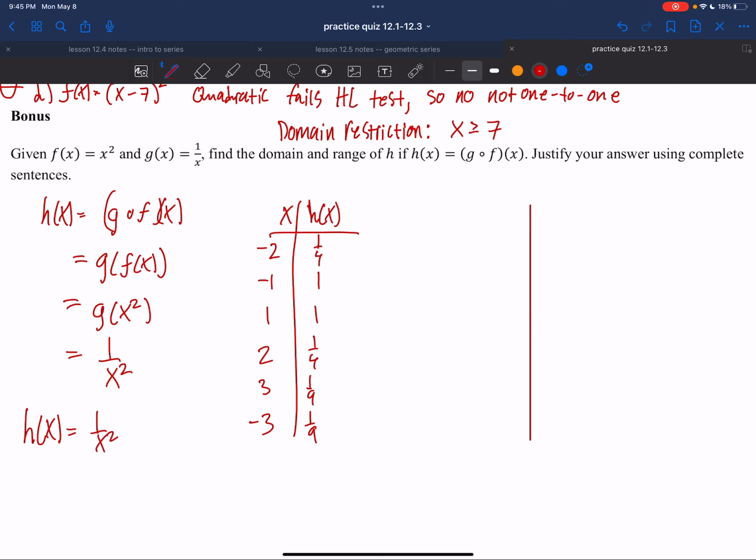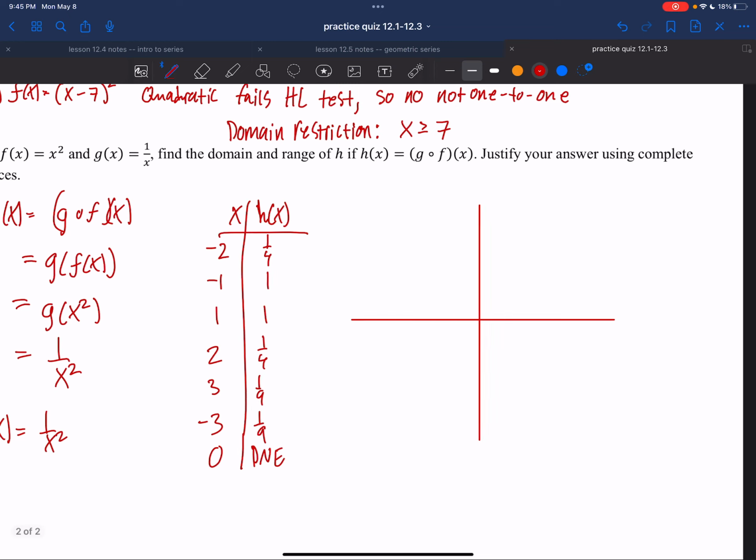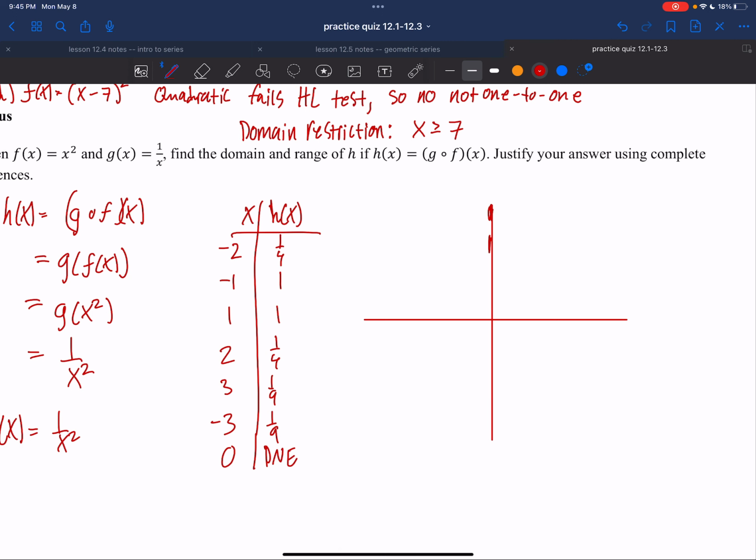So if I were to sketch a graph, I know 0 doesn't exist, right? Because I can't do 1 over 0 squared. So I do still have a vertical asymptote here at 0 because it's rational, right? I should have a horizontal asymptote here because the degree of the denominator is more than the numerator.